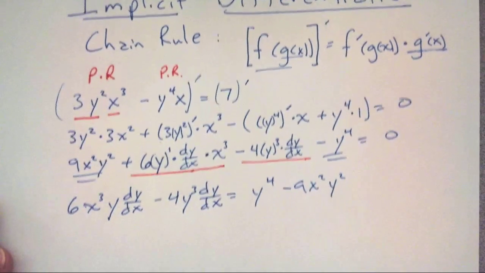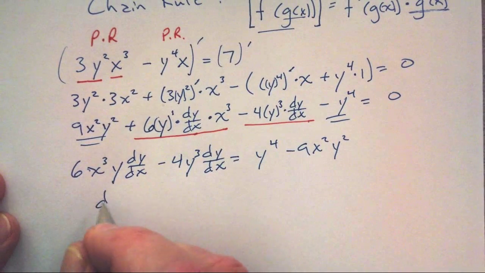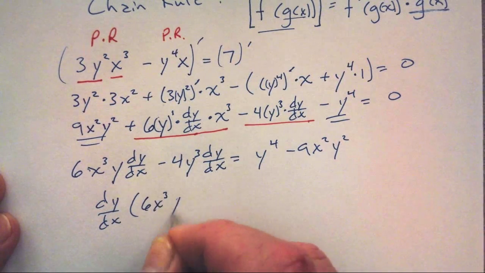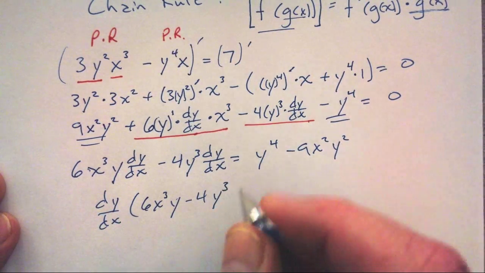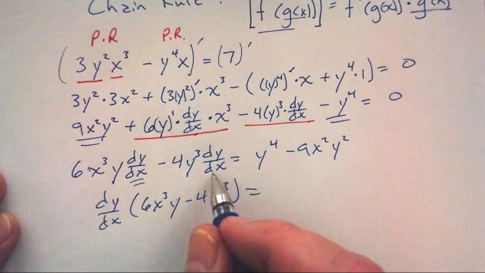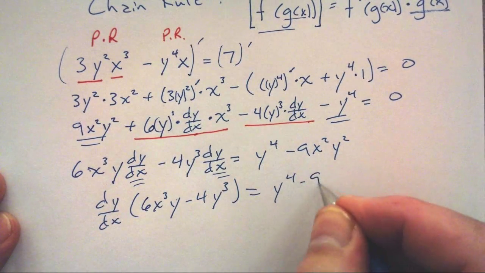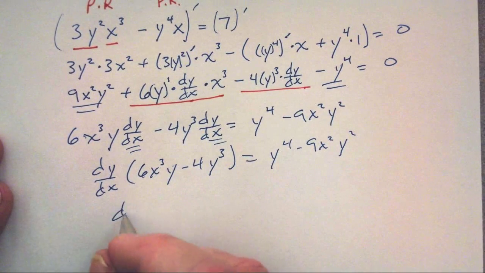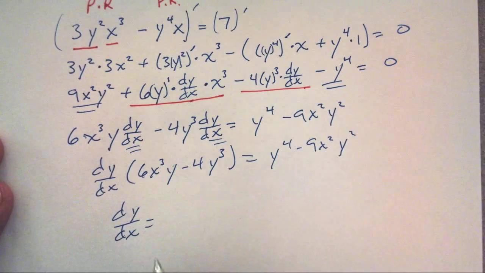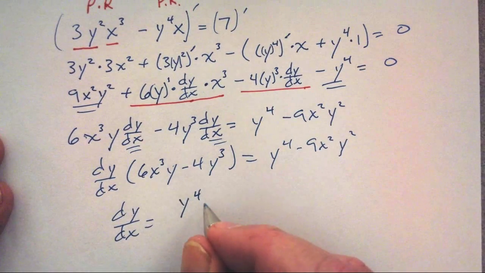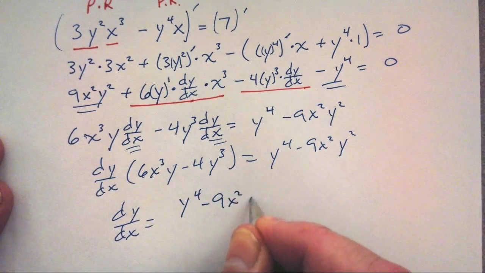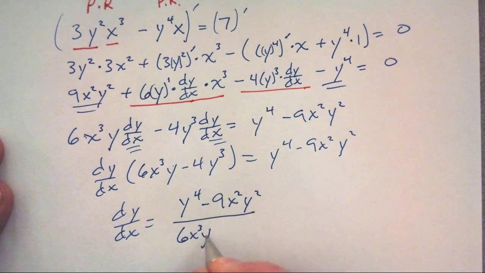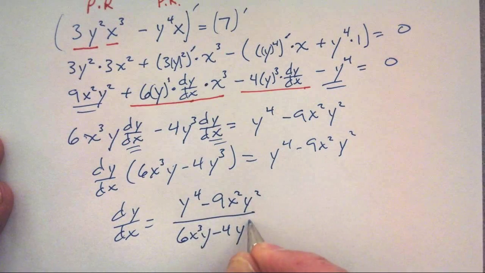And now I want to solve for dy dx. I get dy dx times 6x cubed y minus 4y cubed, factor it out, equals y to the fourth minus 9x squared y squared. And if I divide, I get dy dx, here's the big payoff, equals y to the fourth minus 9x squared y squared, all over 6x cubed y minus 4y cubed.